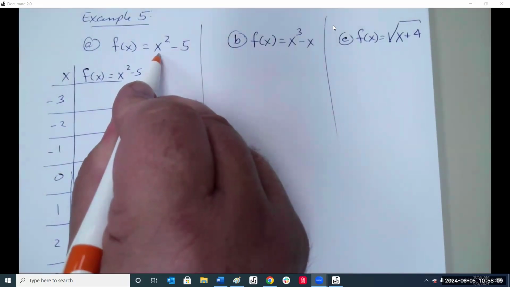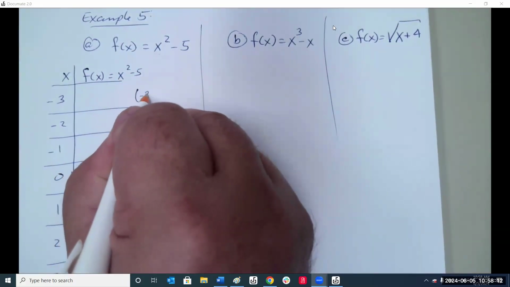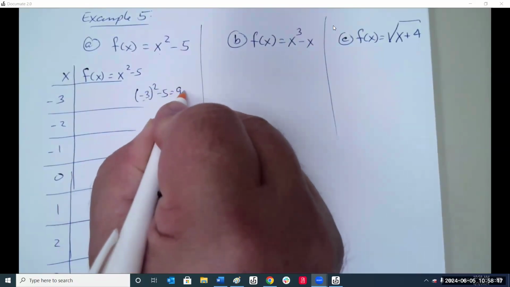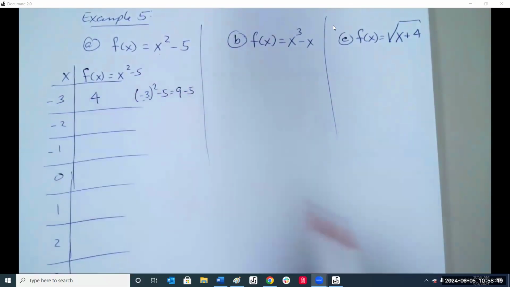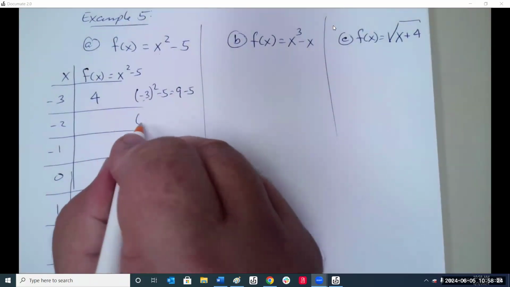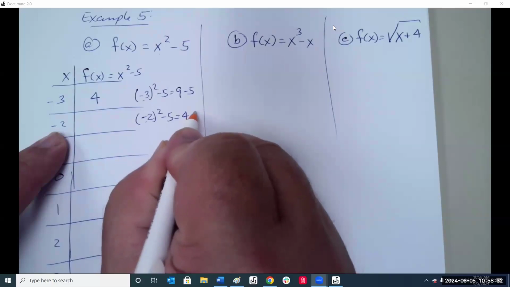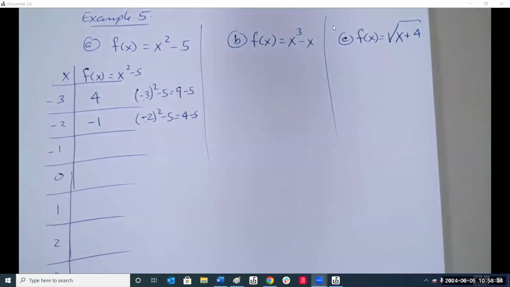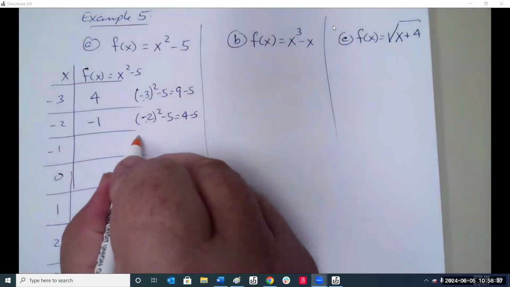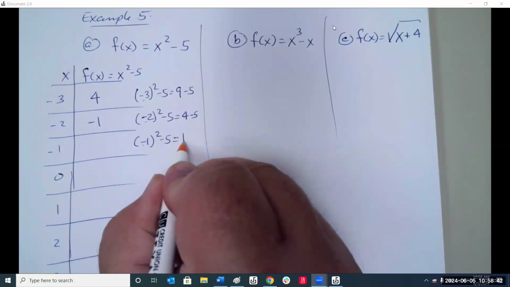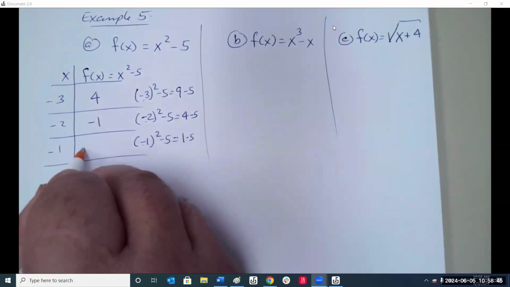So if I plug in -3 inside here, I get -3 squared minus 5. -3 squared is 9, minus 5 is 4. Then I put -2 in there. -2 squared is 4, minus 5 is -1. -1 squared is 1, minus 5 is -4.